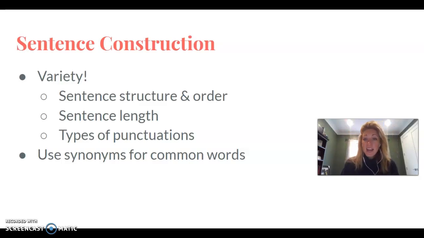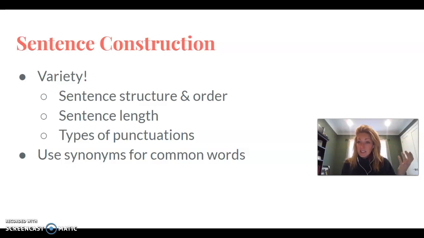Add dashes, add parentheses, not just for your citations but for non-essential information. Use an exclamation point every once in a while. Have different sentence lengths. If you're trying to really drive home an important, dramatic point, use a really, really short sentence. Just a few words.